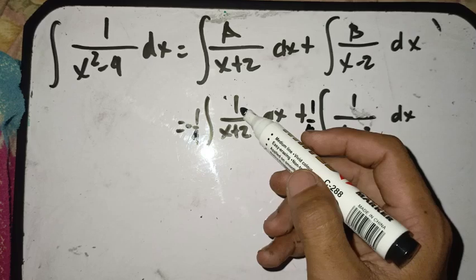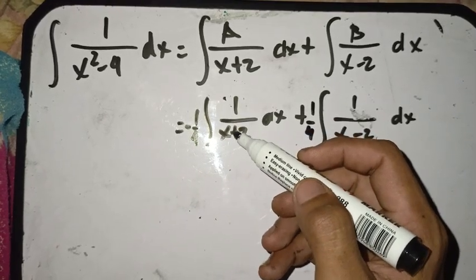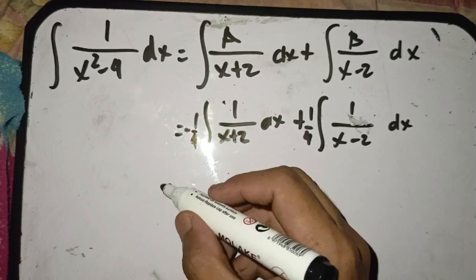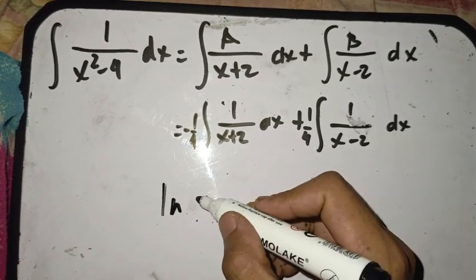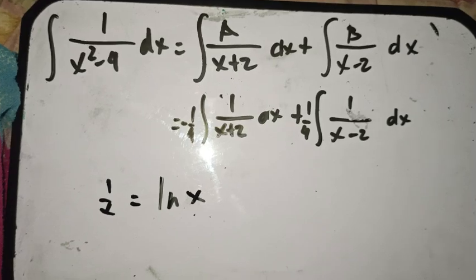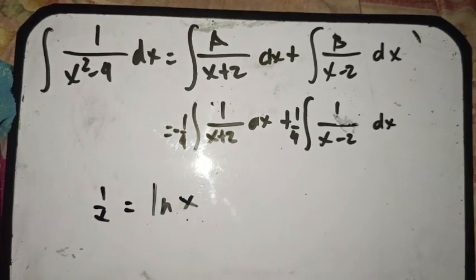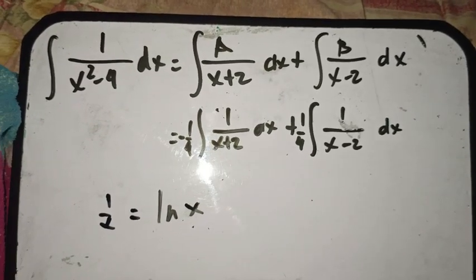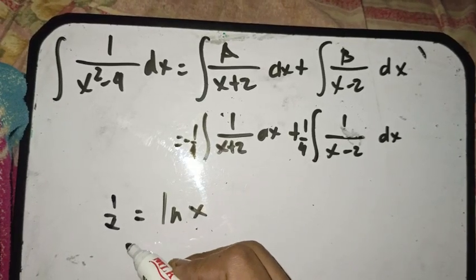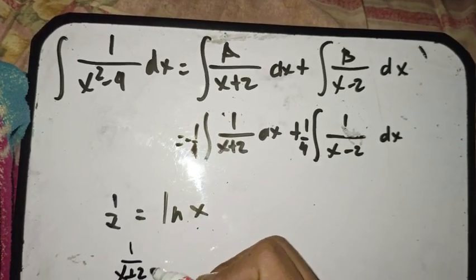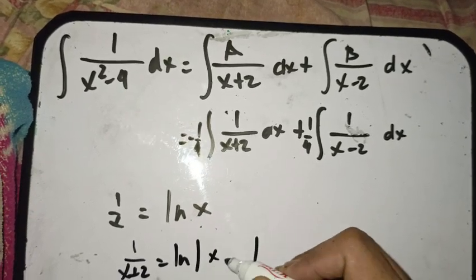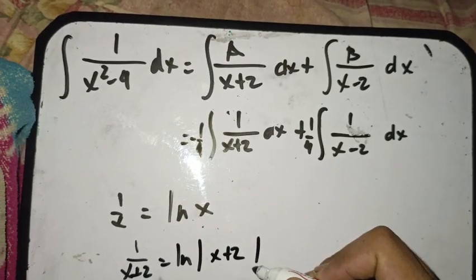Now here we can see a pattern for natural log. We know that the integral of 1 over x is ln x. So we can now solve this as a natural log. For example, the integral of 1 over x plus 2 is ln of the absolute value of x plus 2.